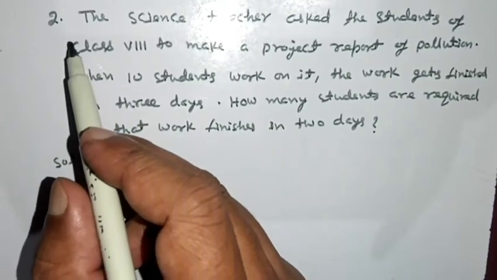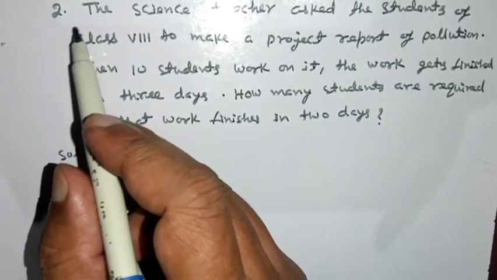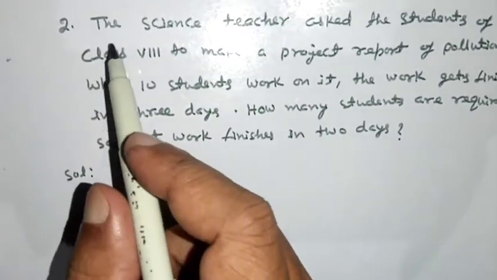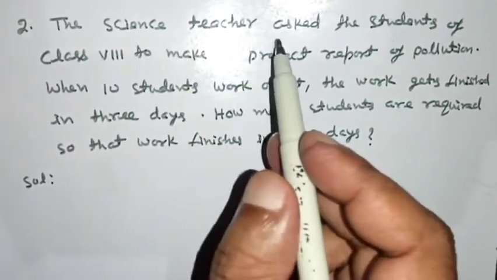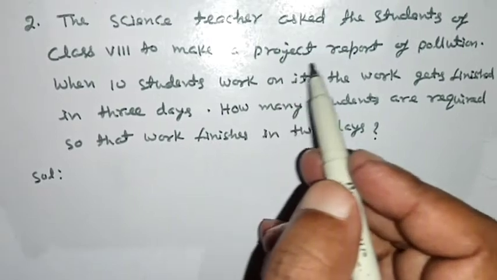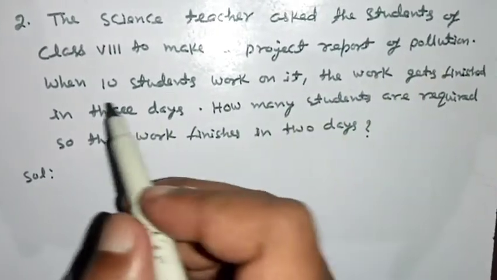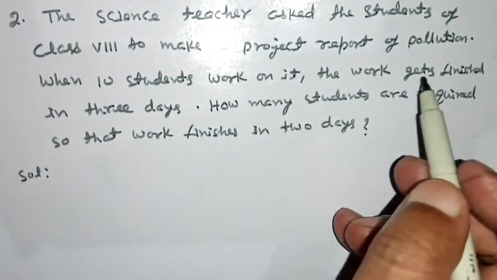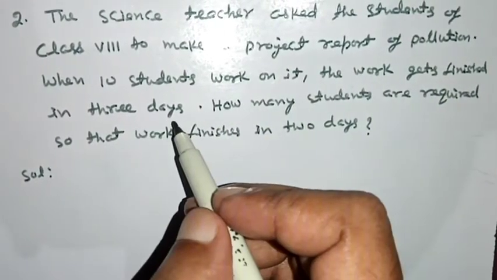Students, now I am going to solve question 2 of worksheet 2. Question 2 says, the science teacher asked the students of class 8 to make a project report of pollution. When 10 students work on it, the work gets finished in 3 days.